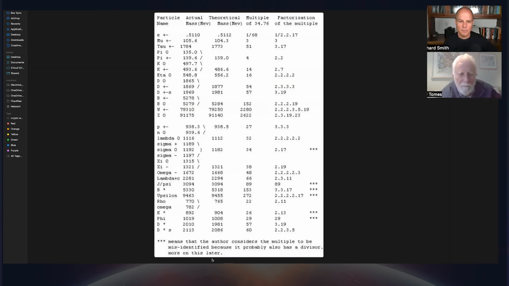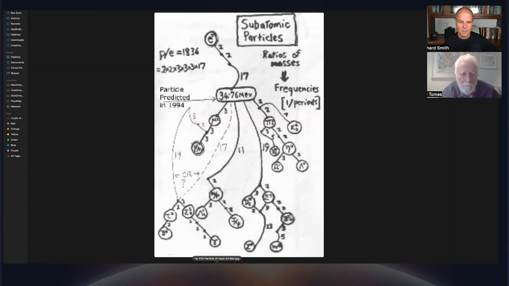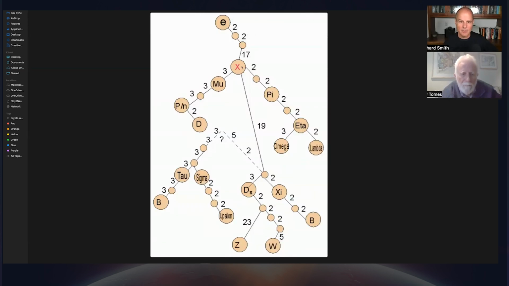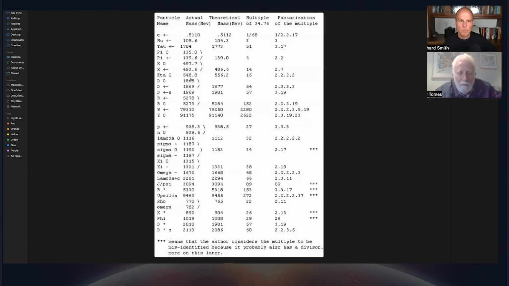So the muon, if we go back here, is 3 times 34.76. And the proton and neutron are 27 times. So you can go back and look at those. Got it. So the proton is 27 times down here, and the neutron.